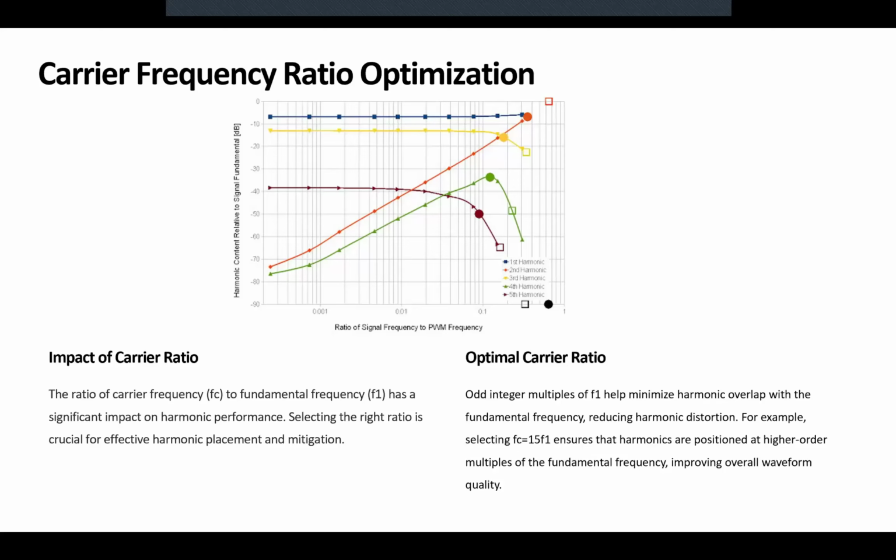Then we move on to the okay, we know that we have harmonic, we know that we cannot get rid of them. Now, how we could control our system or manage the situation in a way that we reduce the level of the distortion, get ourselves in a better situation as much as we can.